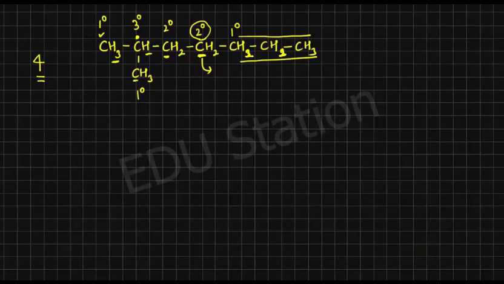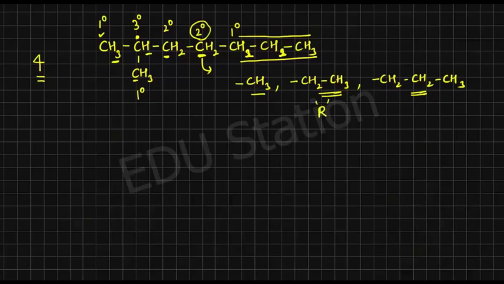So, these groups like CH3, CH2, CH3, CH2, CH2, CH3, etc. This is methyl, this is ethyl, this is propyl. So, these are generally written as R. So, if I have to represent a tertiary carbon, I can simply say carbon 1H and 3 alkyl groups.